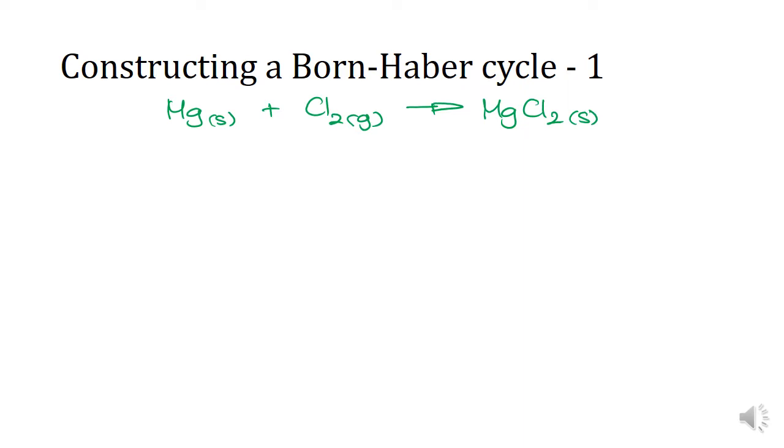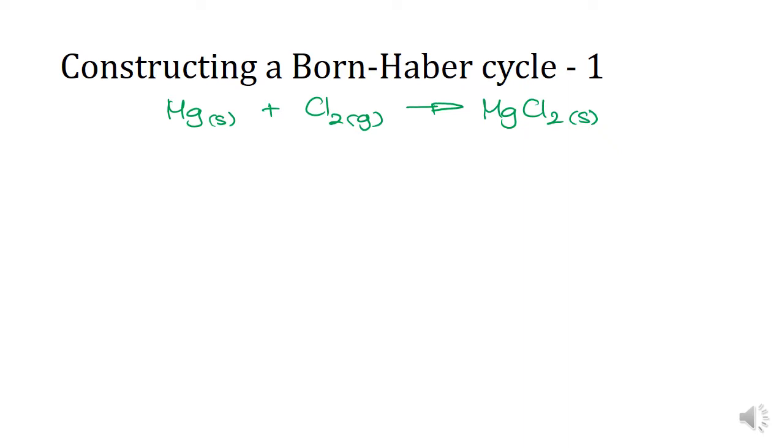This reaction is like saying I take magnesium and I take chlorine, magic happens and I end up with magnesium chloride. Now, if you know anything about the scientific mindset, you know that waving arms, magic happens isn't an explanation that's going to fly. So what we do is we construct a Born-Haber cycle.